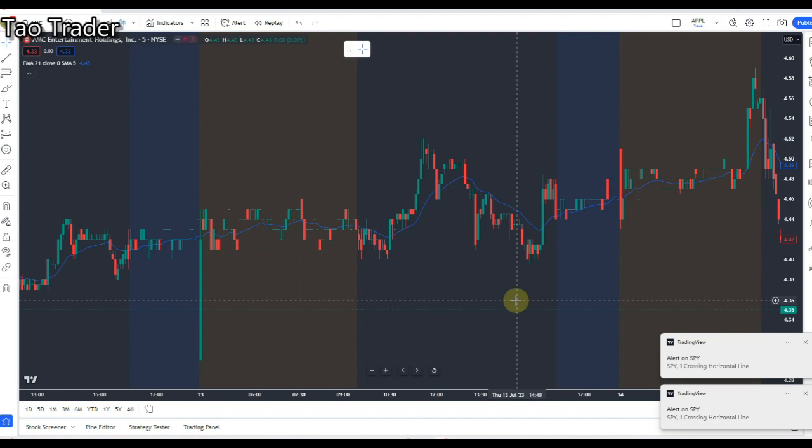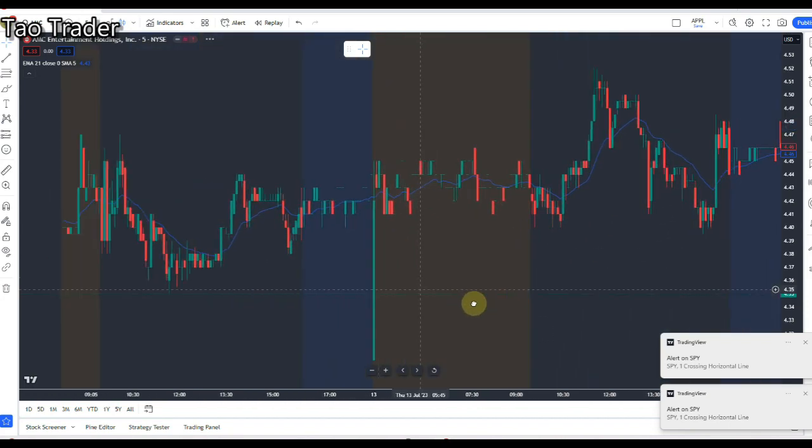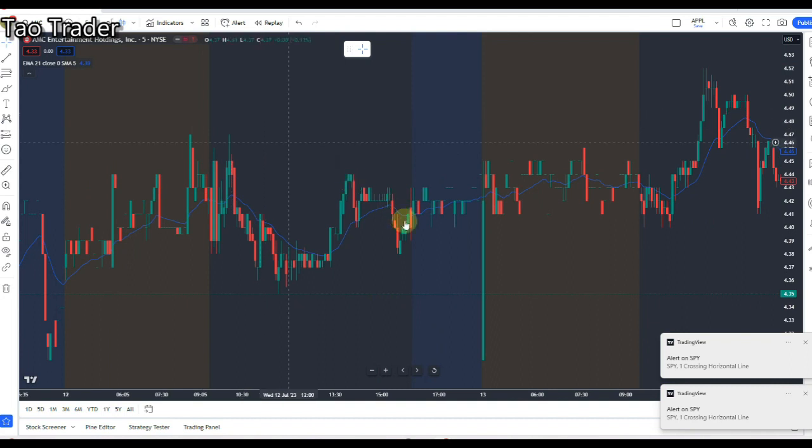And I'll be looking for support and resistance areas in that general area the night before, the morning before the market opens. And then during pre-market, I will also be looking for support and resistance lines just before market open.